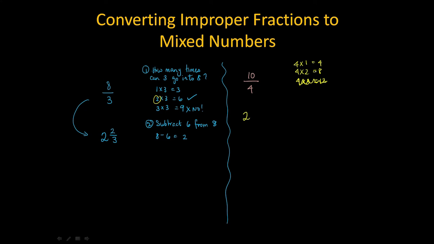So we say 10 minus 8 will give us 2. From there you have a remainder of 2, and you put it over 4. If you convert, you see that 4 times 2 is 8, and then 8 plus 2 will be 10 fourths. But we'll get to that soon, right? And so this will be our beautiful mixed number.